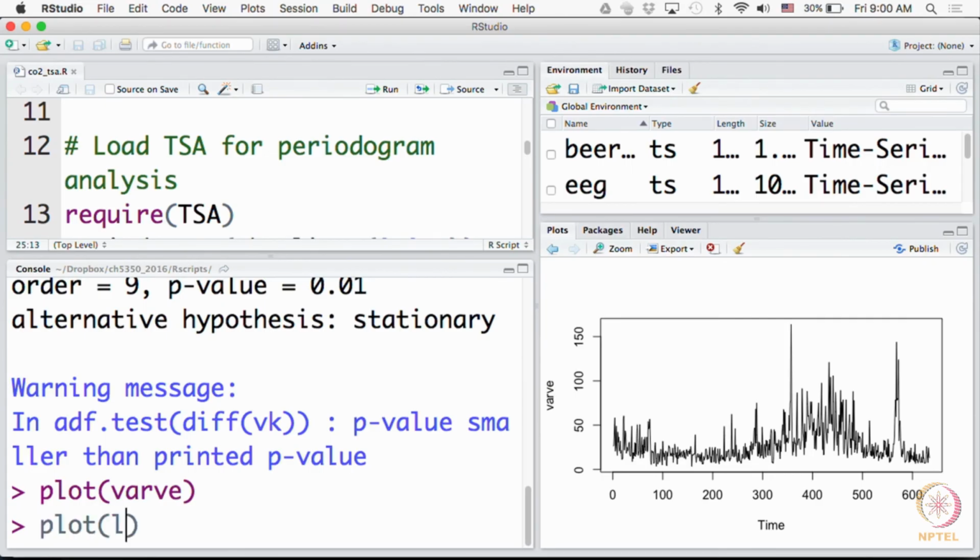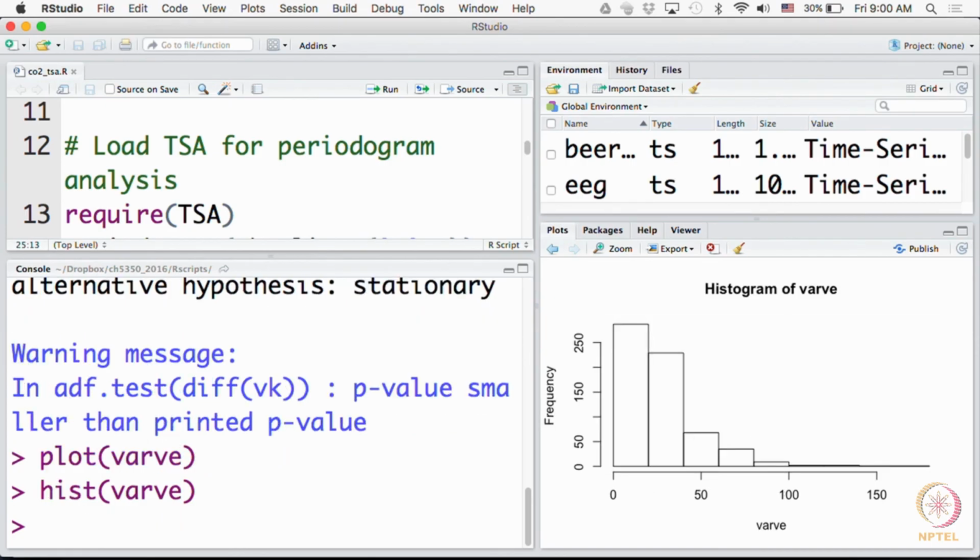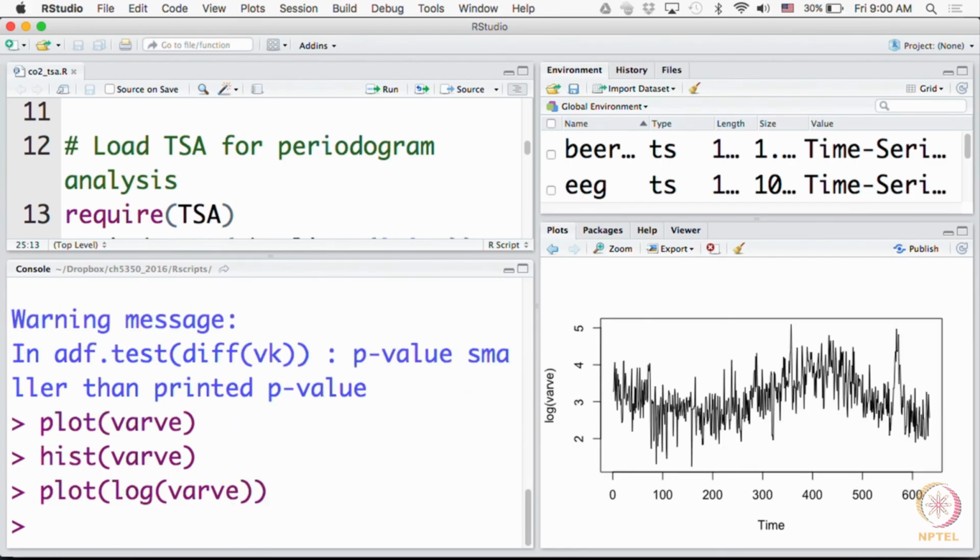In fact, if you look at the histogram of VAR, it has a chi-square kind of distribution. It does not have a Gaussian distribution. On the other hand, if you take the log, then you see that the variance has stabilized more or less; over different segments of the series, the variance is kind of uniform.